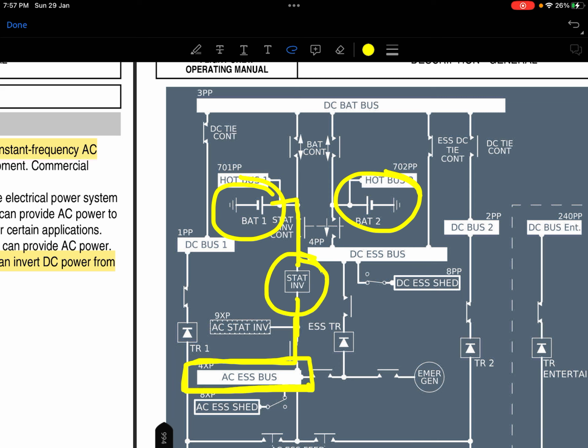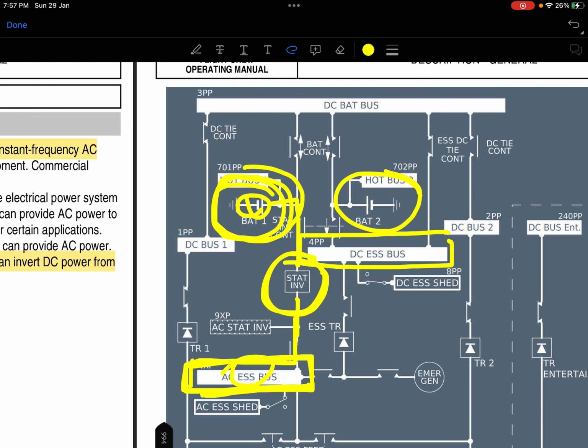This static inverter converts because the battery has stored DC power in it, and AC essential bus, as is clear by its name, is an AC bus, so we need to convert this DC to AC. So this static inverter comes into play.